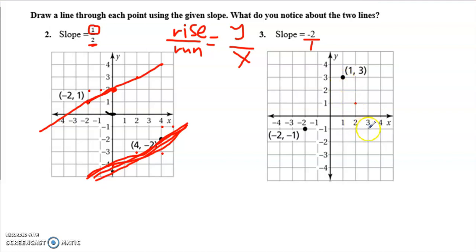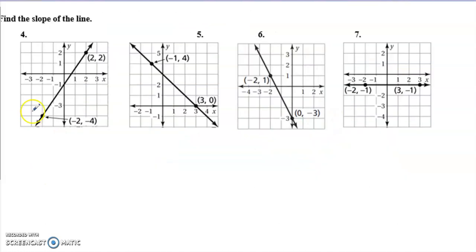Down 2 over 1, and our line will continue to look like that. And then we'll do the same thing right here. Down 2 over 1, down 2 over 1. So these are negative slopes. And because these two lines have the same slope, they are parallel.